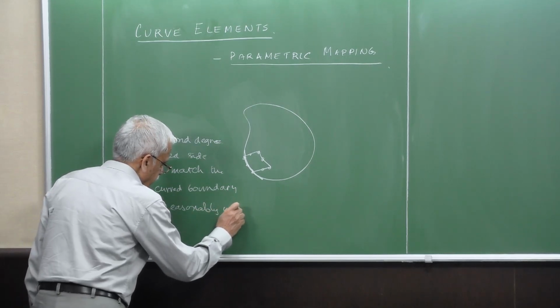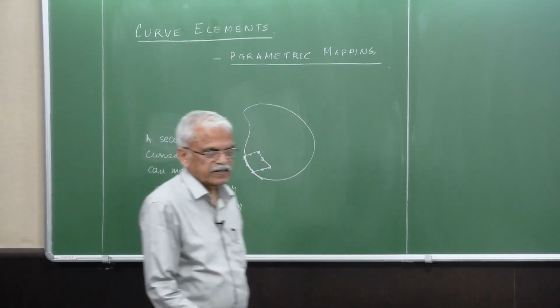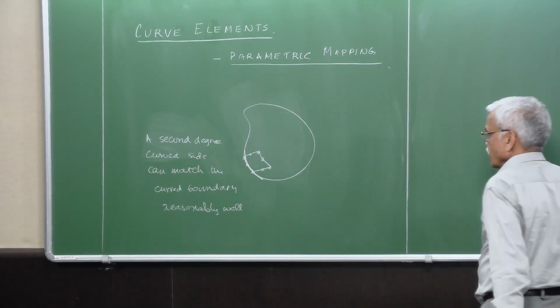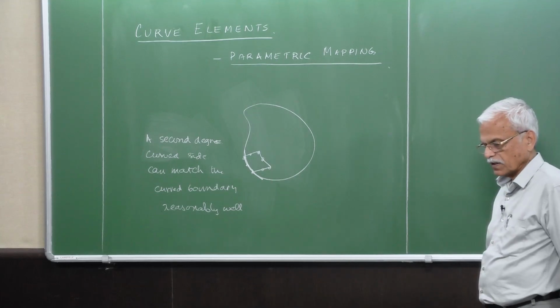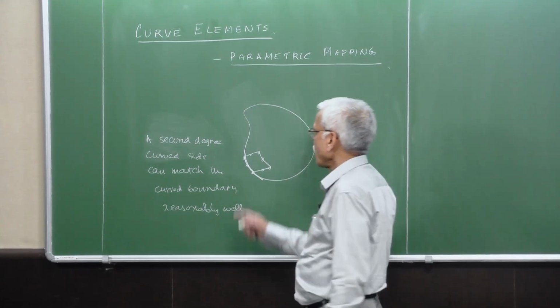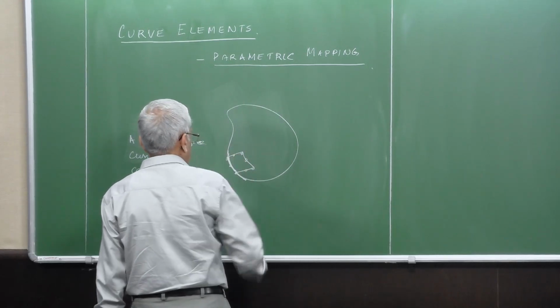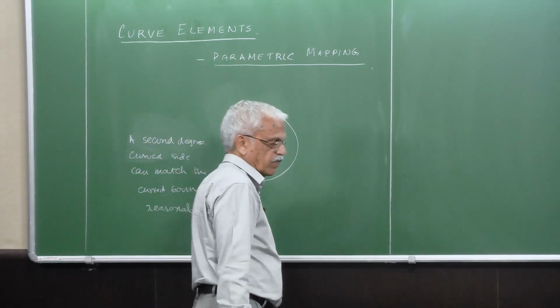In fact, it can be to any extent you want. So here the error can be reduced very easily, very fast. Now let's look into how to develop the sides of the element boundary.